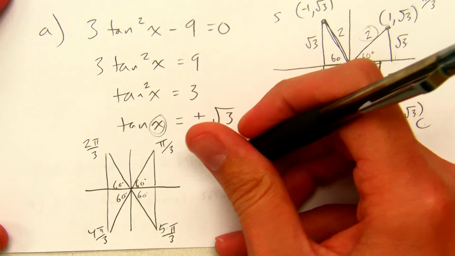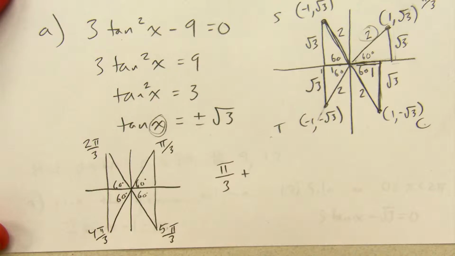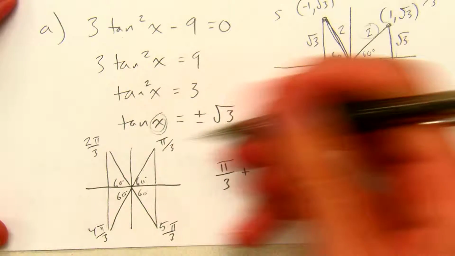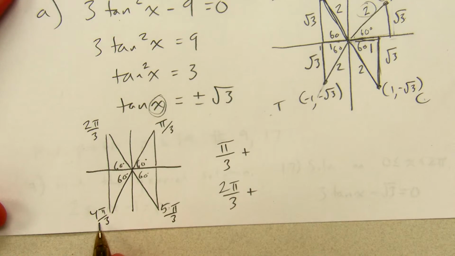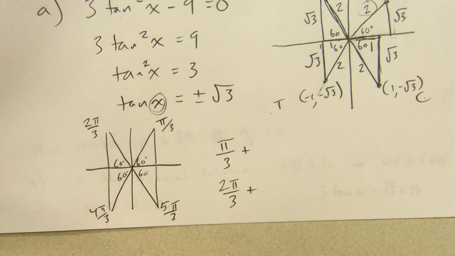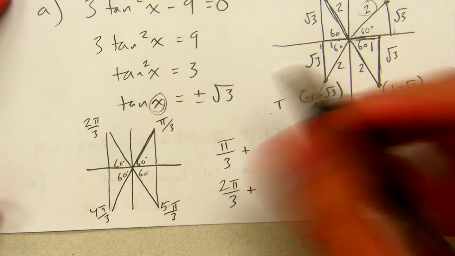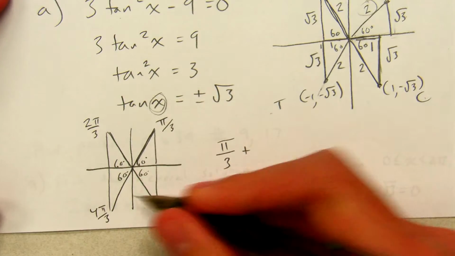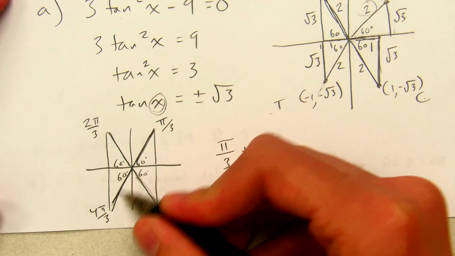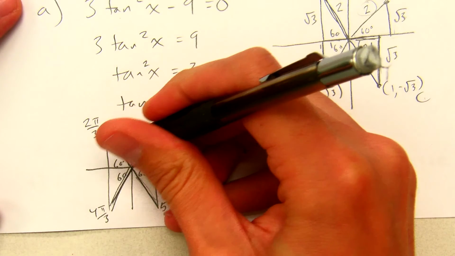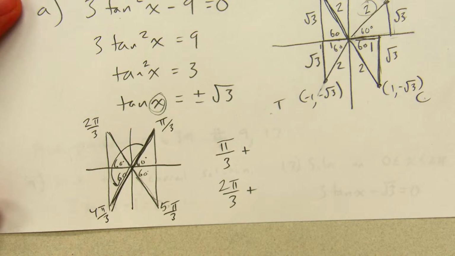And so instead, I'm going to need to say pi over 3 plus 2 pi n, 2 pi over 3 plus 2 pi n, 4 pi over 3 plus 2 pi n, and 5 pi over 3 plus 2 pi n, where n is an integer, right? And that would give me angles that were coterminal with this, angles that were coterminal with this, then with this, then with this. But notice that these 2 angles are exactly 180 degrees, or pi, apart from each other.